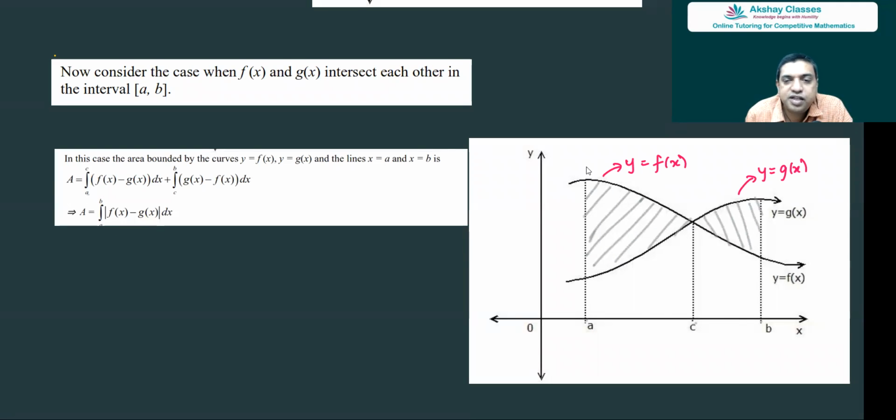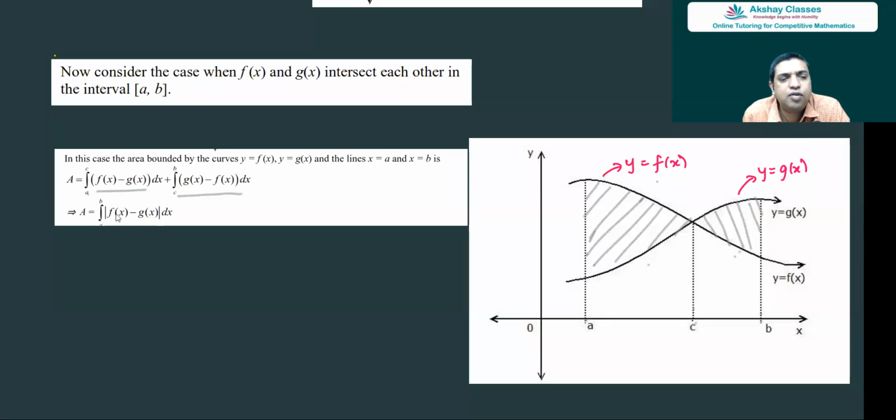From A to C, upper curve minus lower curve, so f of x minus g of x. And from C to B, it is g of x minus f of x, upper curve minus the lower curve, so it is g of x minus f of x dx. Together, if we have to integrate from A to B, we can write simply the modulus of f of x minus g of x.